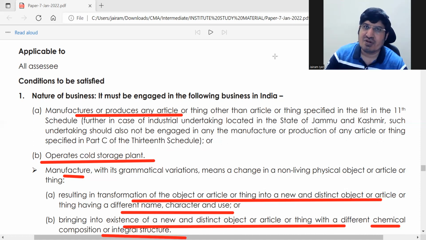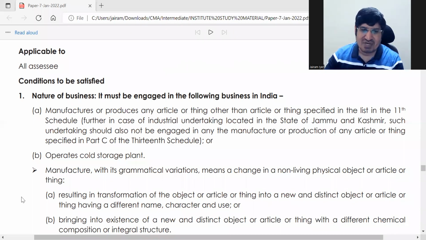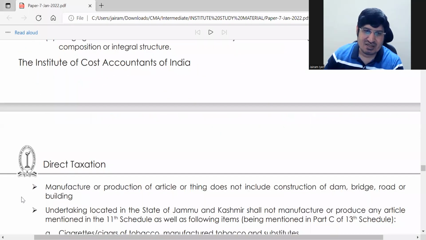A new thing should come into existence. You can transform an existing thing into a new thing, or you can prepare a new thing altogether. Both are manufacture. Just remember it in simple sentences.